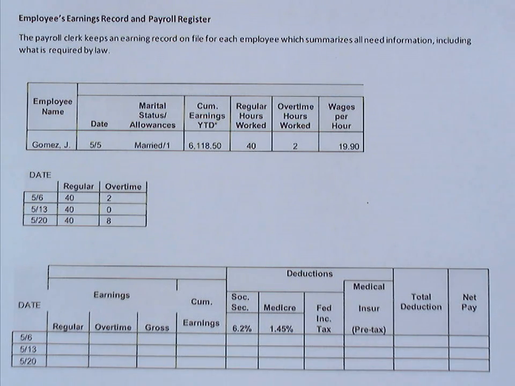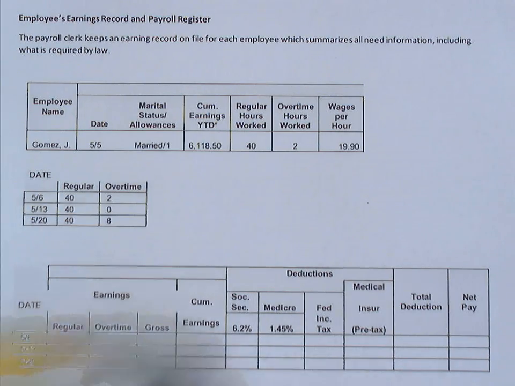This next section, 5.4, is about employees' earning records and payroll register. The payroll clerk keeps an earning record on file for each employee, which summarizes all needed information, including what's required by law.